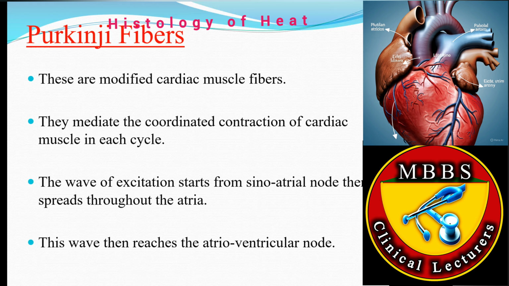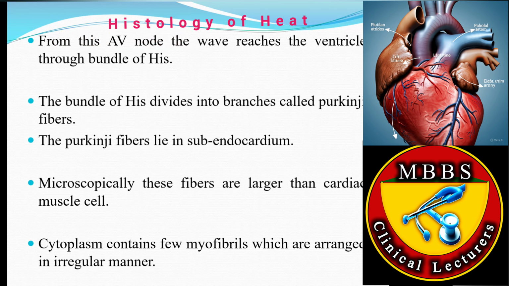This wave then reaches the atrioventricular or AV node. From the AV node, the wave reaches the ventricle through the bundle of His. The bundle of His divides into branches called Purkinje fibers. The Purkinje fibers lie in the subendocardium.